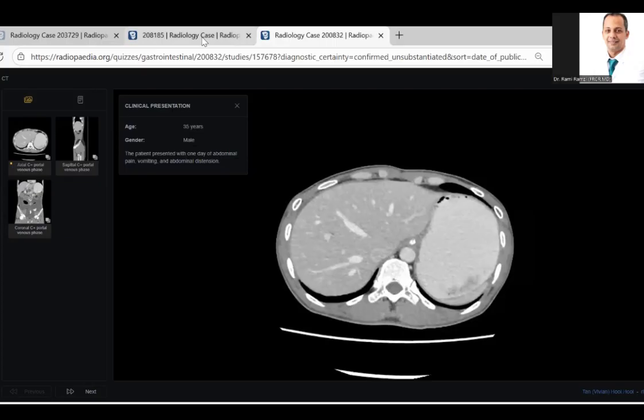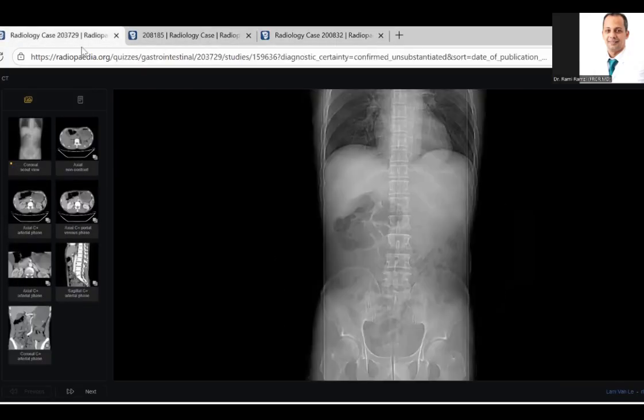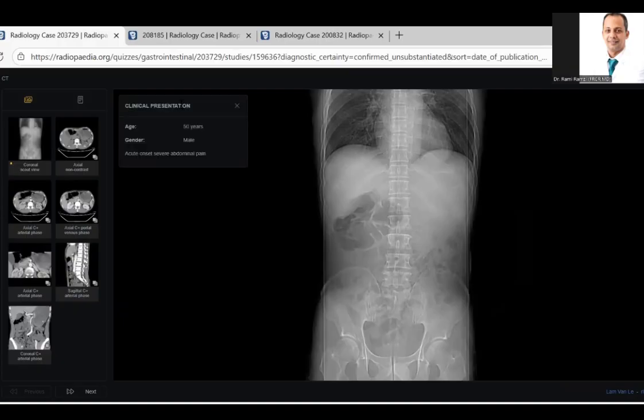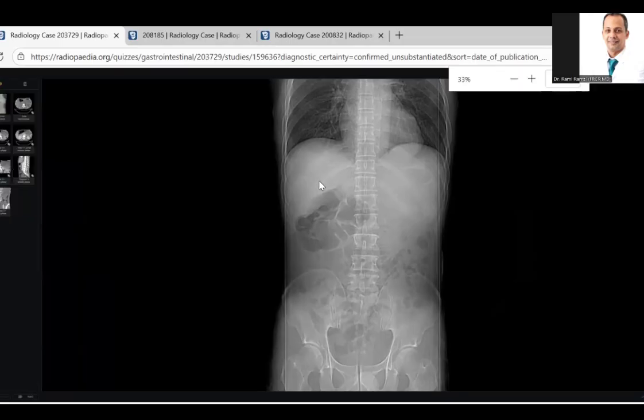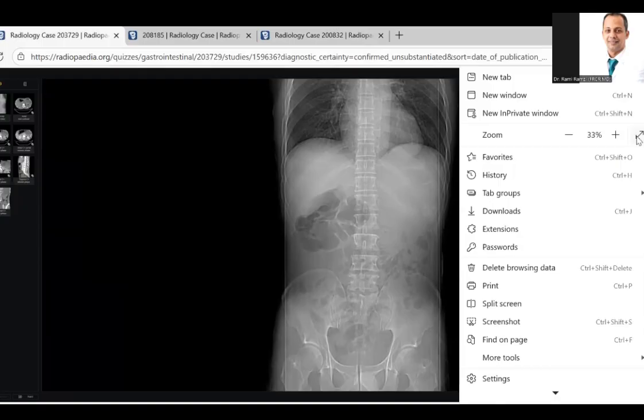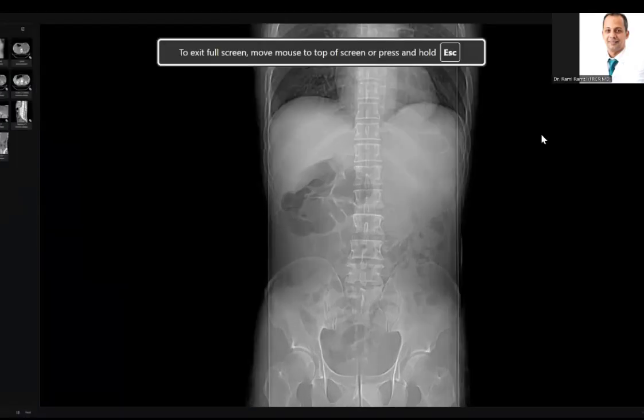Hello, doctor. Welcome. Doctor, this is a 50-year-old male patient presented with acute abdomen. This is a frontal radiograph, a scout, in which I'm trying to look for any abnormality.